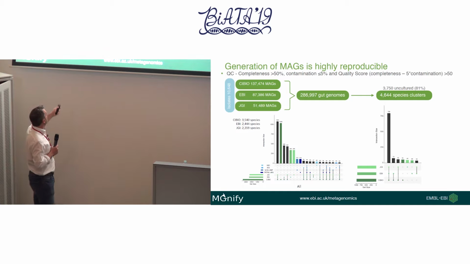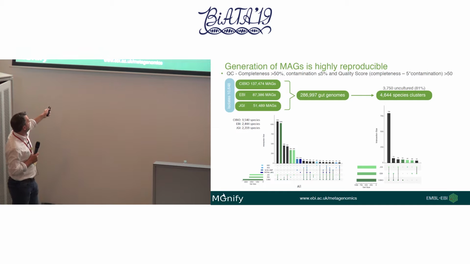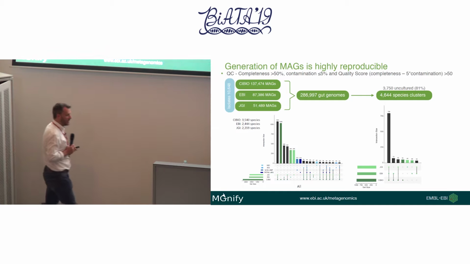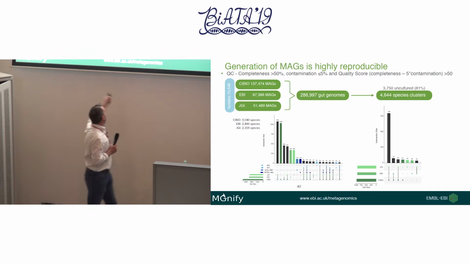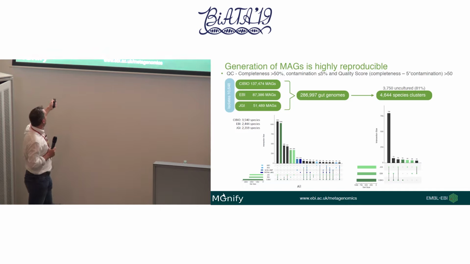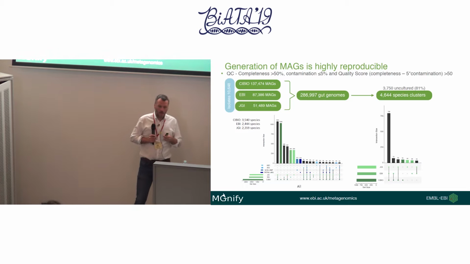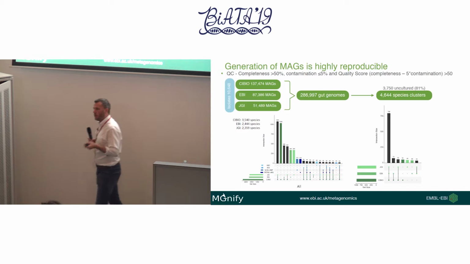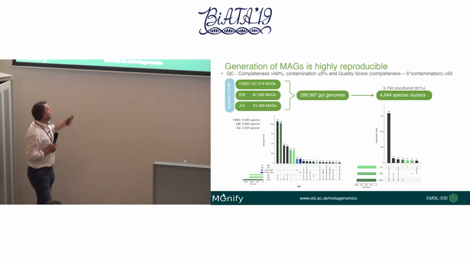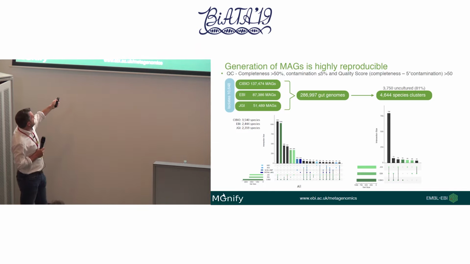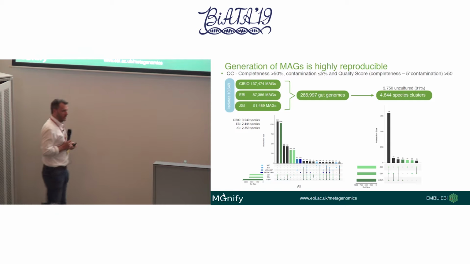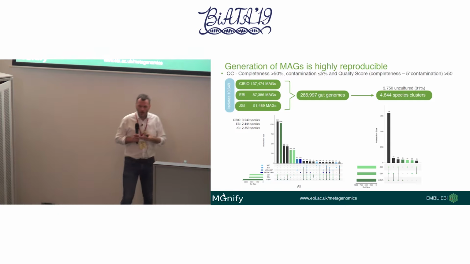What we've asked here is how many are found in all three sets, and how do they correlate with the isolate genomes. So the good thing is that the largest group is where, across those species, over 1,000 are found in all three sets.